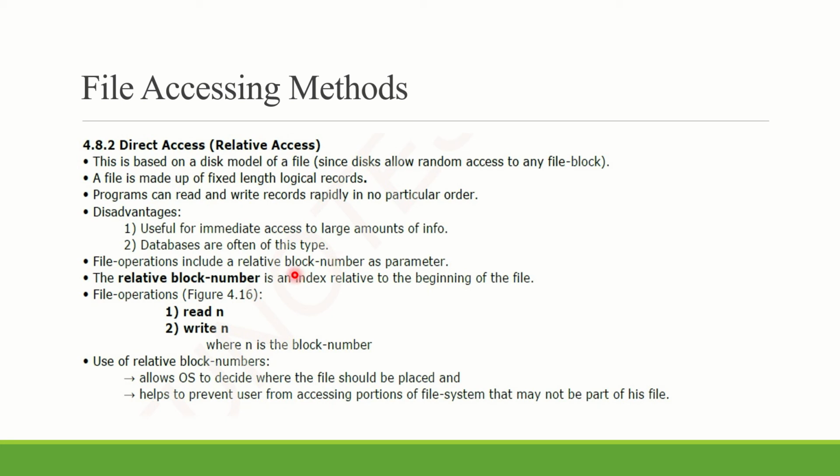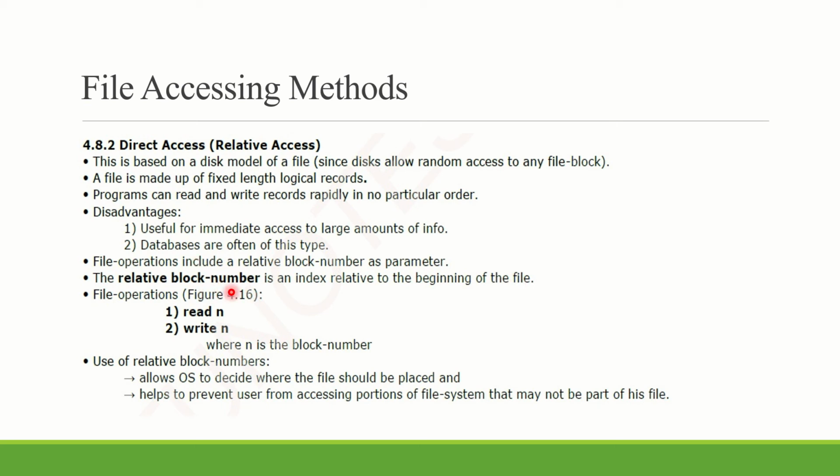Each record has a record number or block number, and that number is given as the parameter. The system finds that record number and moves the file pointer to the specific record. The relative block number is an index related to the beginning of the file.